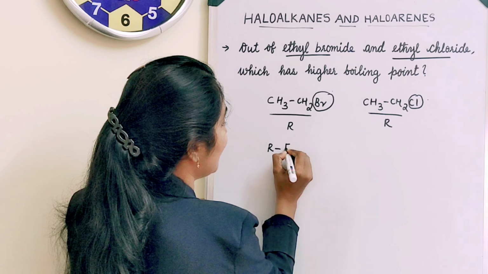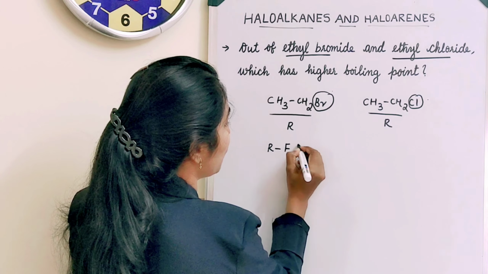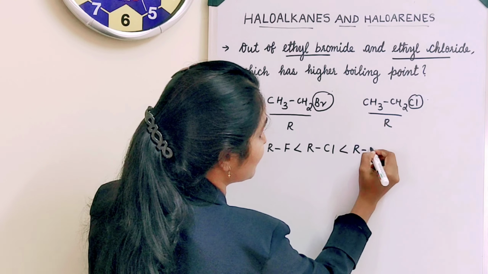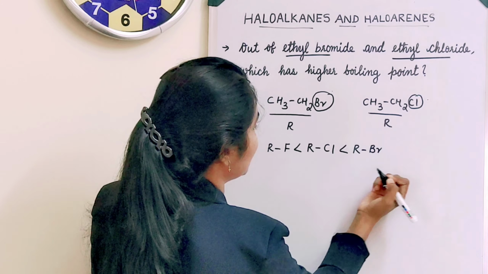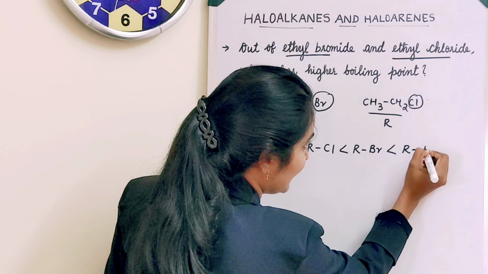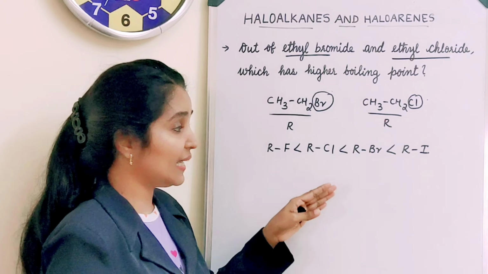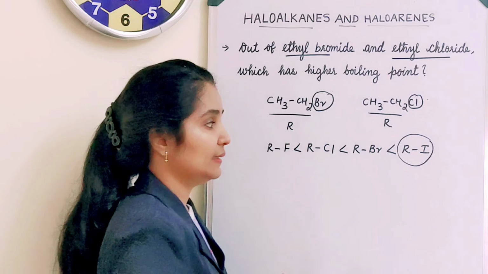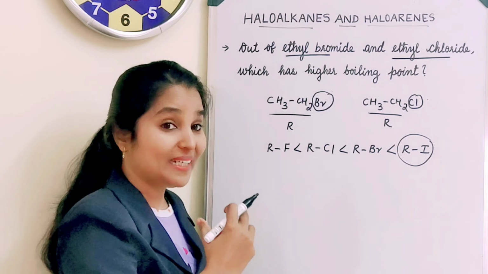RF, alkyl fluoride, will have the least boiling point, then RCl, then RBr, then RI, fluorine, chlorine, bromine, iodine and so on. So which has the highest boiling point here? The one with the biggest halogen atom.